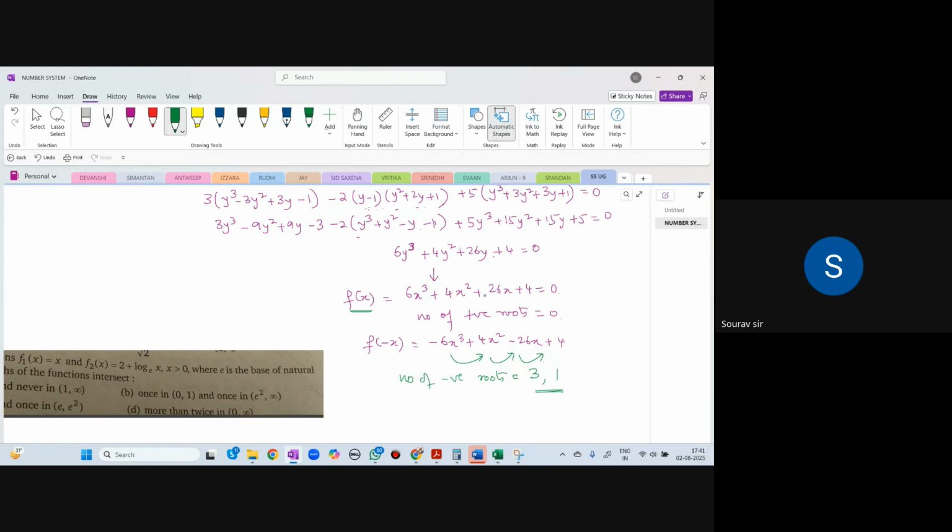Okay. Now f(x) is a cubic. And a cubic can have 1 root or 3. Right. So f dash x is 18x squared plus 8x plus 26. Clear?